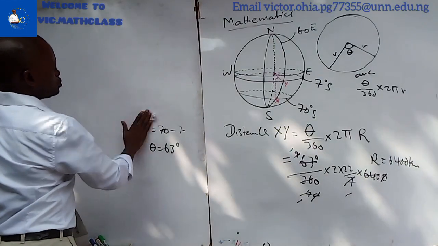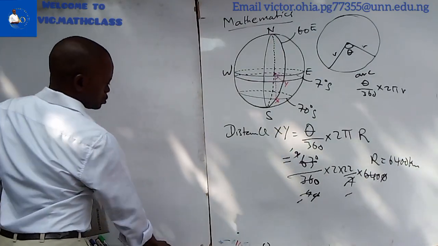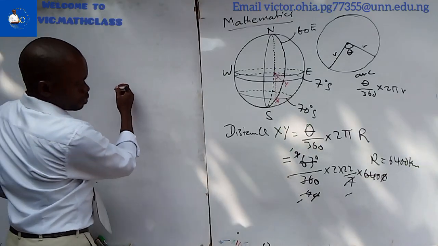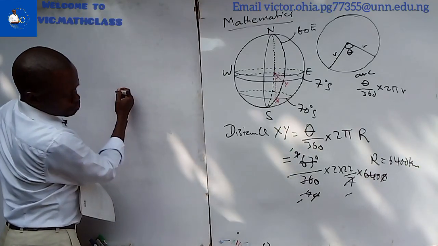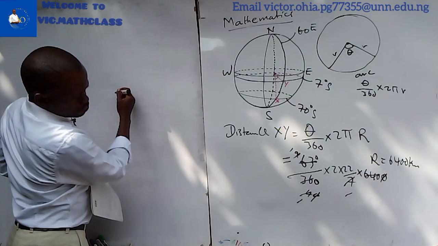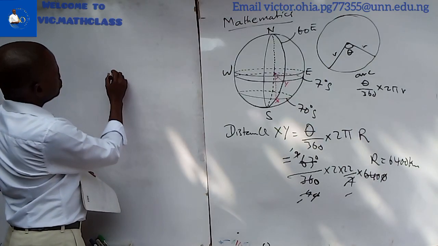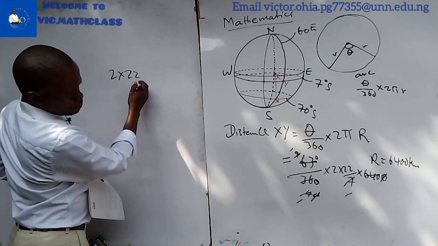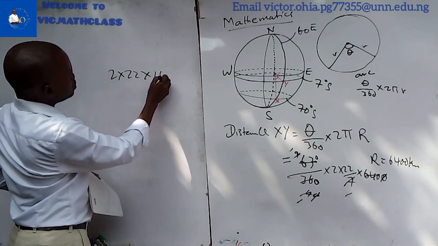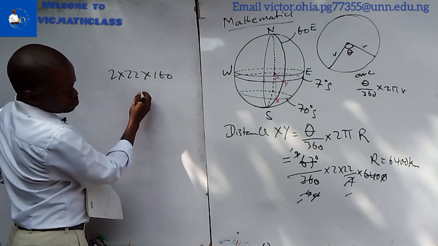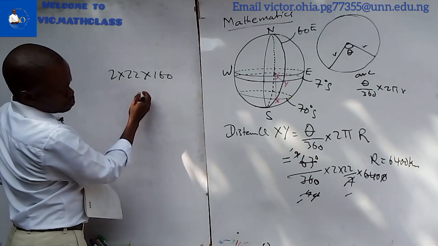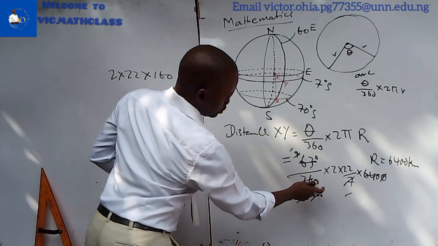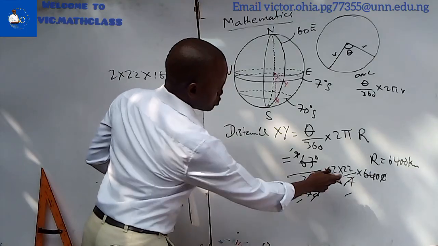What I have left there is going to be 2 times 22, times 160, because this is gone and the whole of this is gone.